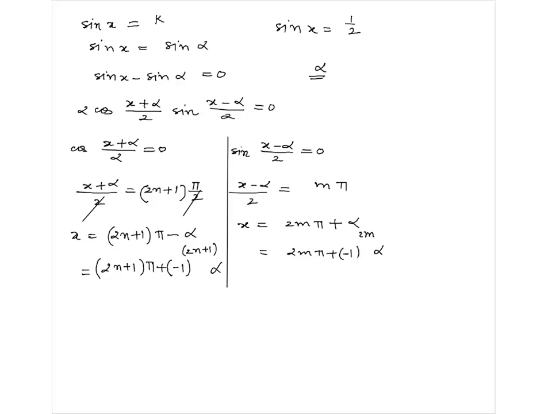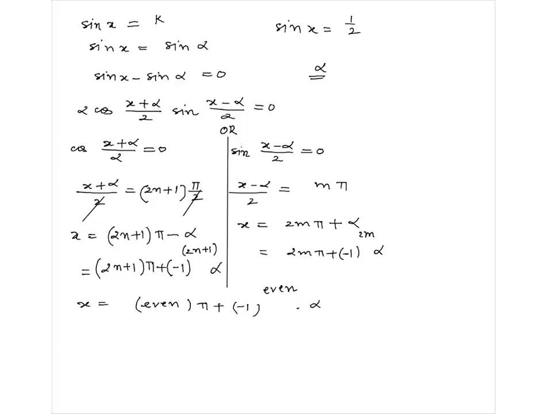Now, think like this. It is an either-or type of case, right? Left or right. The right side says that x can be some even number into pi plus minus 1 to the power the same even number into alpha.